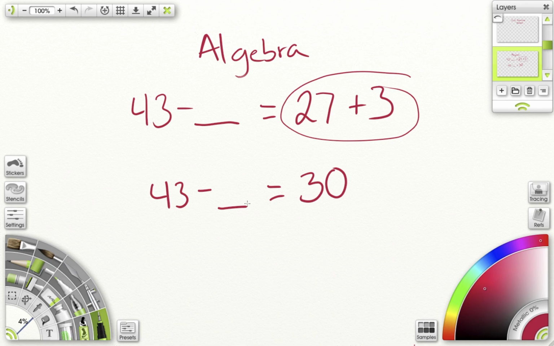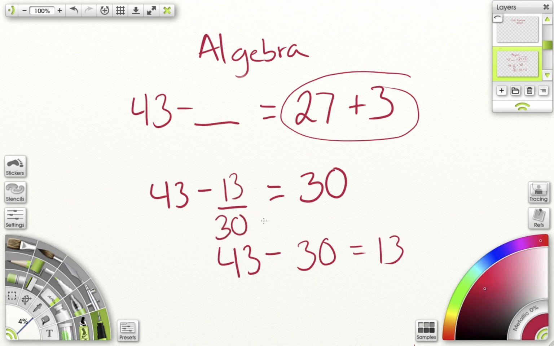How can I figure out what that blank is? Well, I can do 43 minus 30. 43 minus 30 equals 13. So if I do 43 minus 13, that gives me 30. And on this side, I already have 30.